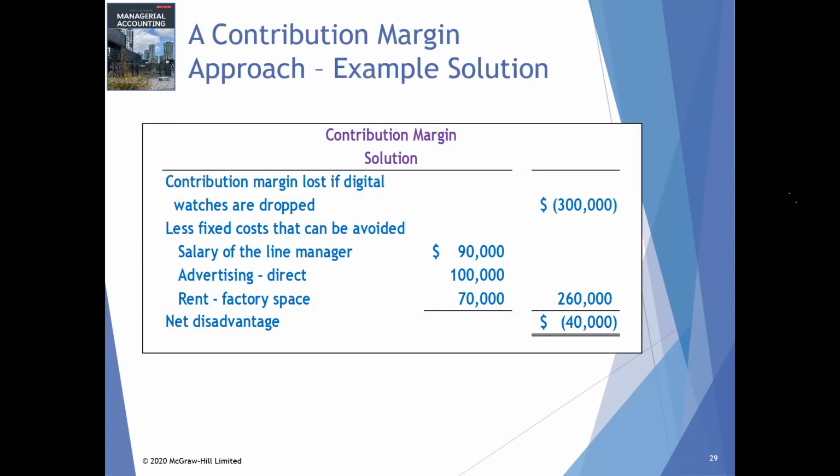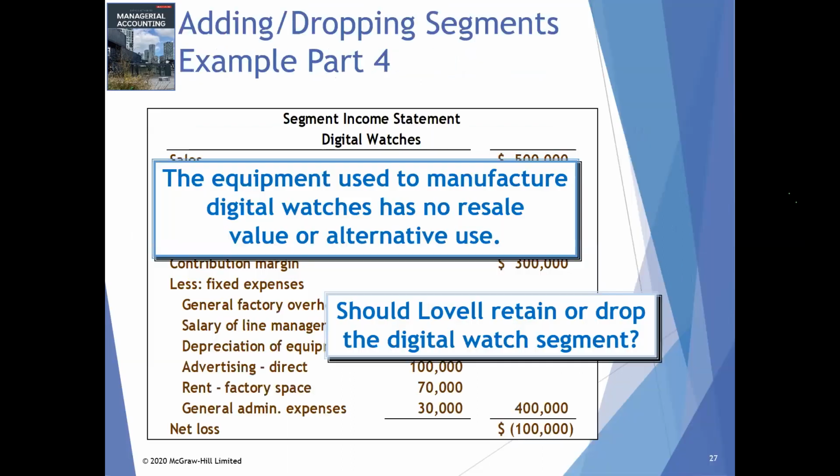Contribution margin loss if digital watches are dropped. If your company is not keeping those products, it means there is a sale of $500,000, and I can show you once again. Look at this.